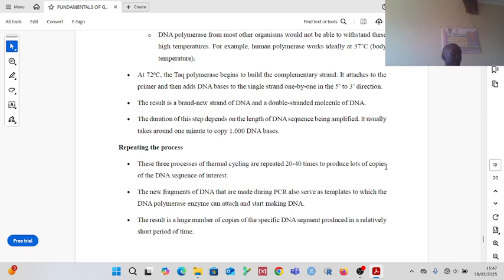But if I say 70, then I get 70 times that. So in the end, you will have many copies of that specific segment that you are interested in, the original DNA that we began with as a key ingredient to our PCR process.